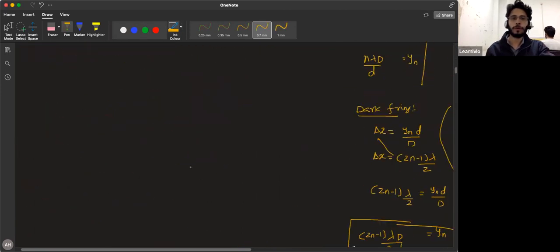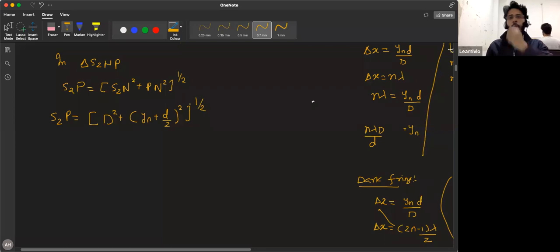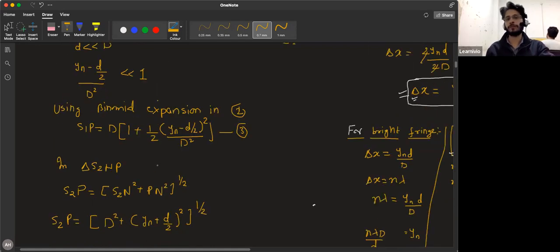So when you use the Pythagoras theorem, you can write that S2P is S2N, which is D square, plus PN, which is (Yn plus d by 2) whole square, to the power half. So there's this small difference: instead of Yn minus d by 2, you are getting Yn plus d by 2.